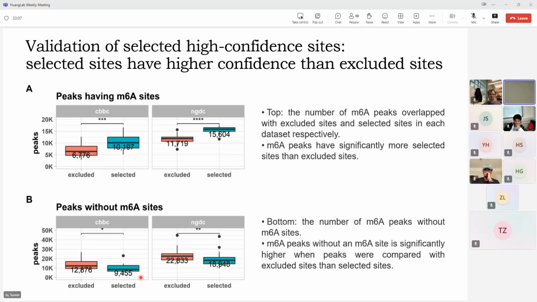Reversely, if we compare the m6A peaks without any known single m6A sites, we can see that the m6A peaks without an m6A site are significantly more frequent when compared with the excluded sites together. So overall, we are able to see that our selected sites have higher confidence than the excluded sites.